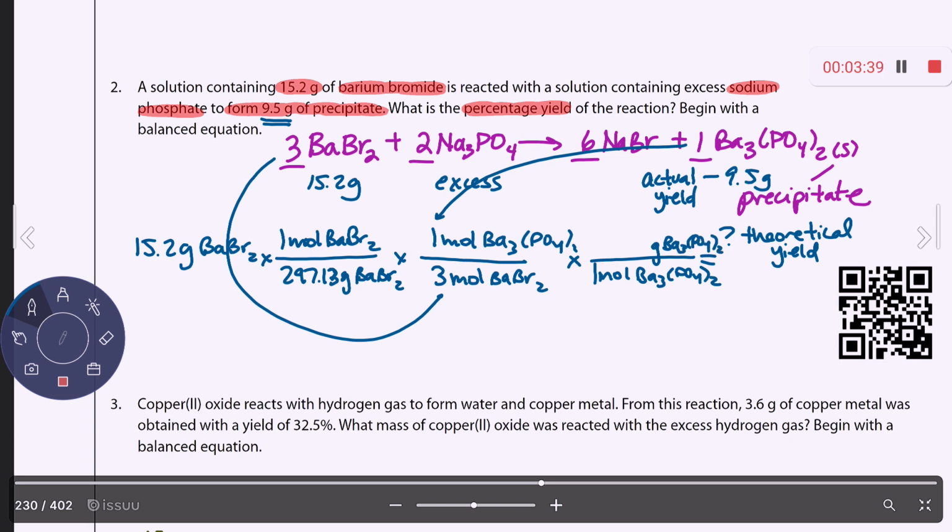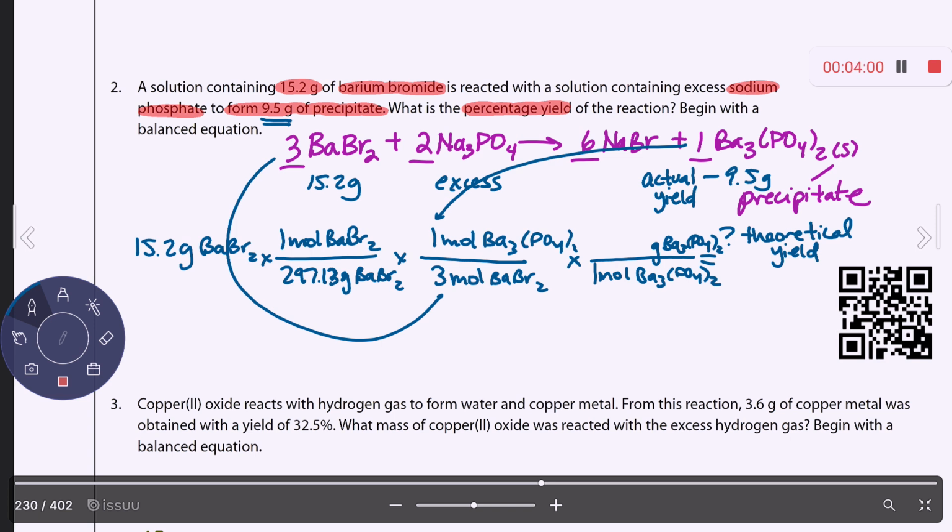Okay, so this is going to be 137.33 times 3 plus 2 times, what's P? 30.97 plus 8 times 16.